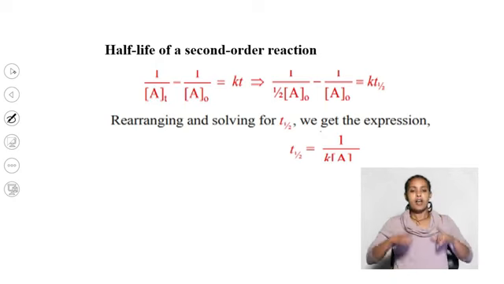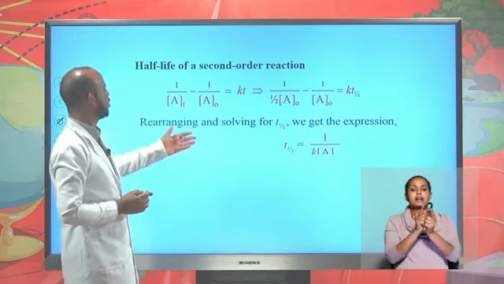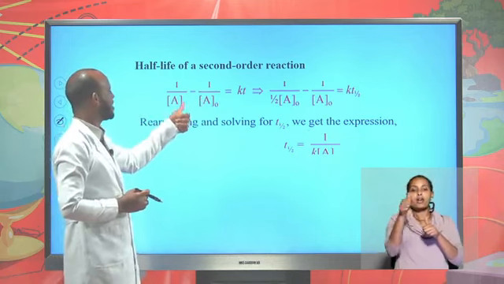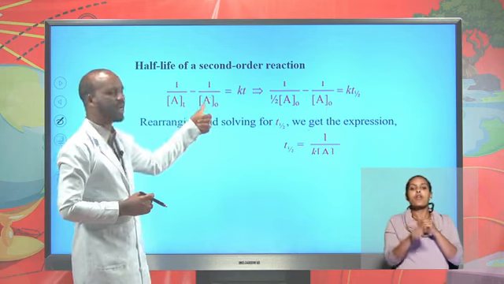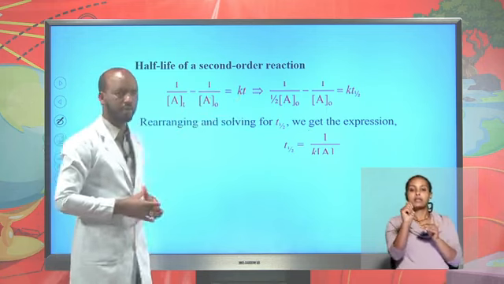Half-life of a second order reaction. The integrated rate equation for a second order reaction is: 1 over concentration of A at any time t minus 1 over initial concentration of A equals K times t.